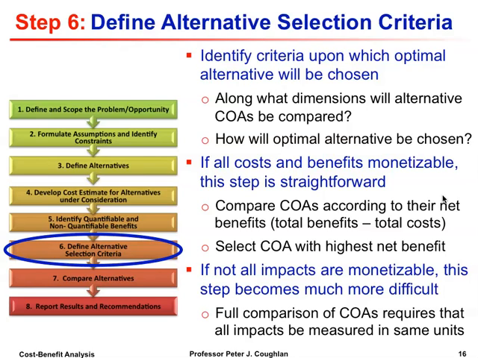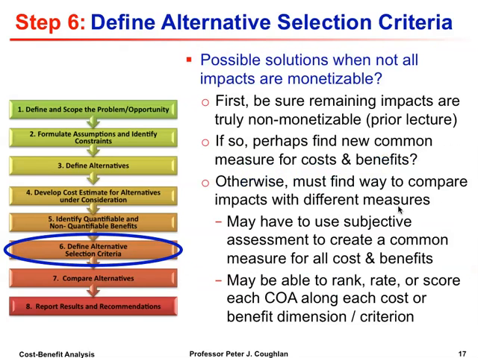And if you can't monetize those benefits, it's difficult to complete our cost-benefit analysis with any precision, because we can't subtract benefits from costs or costs from benefits, or even compare courses of action, because we are unable to put everything into the same unit of measure.